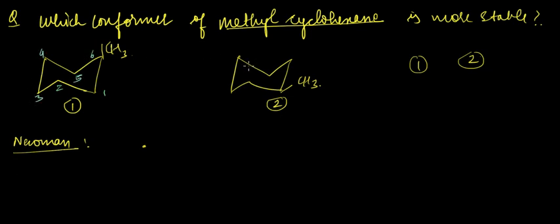Similarly, on the same basis I will be numbering in the Newman projection as well. Okay, so this is the first carbon atom, so here we have the second, and it goes to, let us complete this.